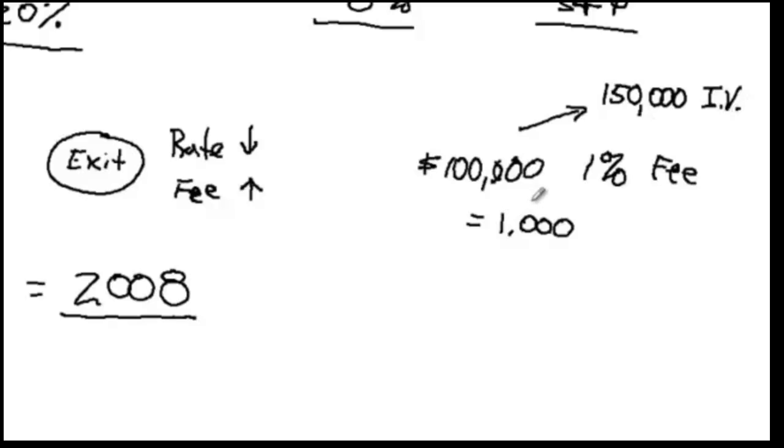But let's say a 2008 occurred and the account value goes down to $75,000. So this is the account value. All right. Well, guess what? This fee is still going to be charged, and it's charged at the benefit level. 1% charged at the benefit level. Well, guess what?